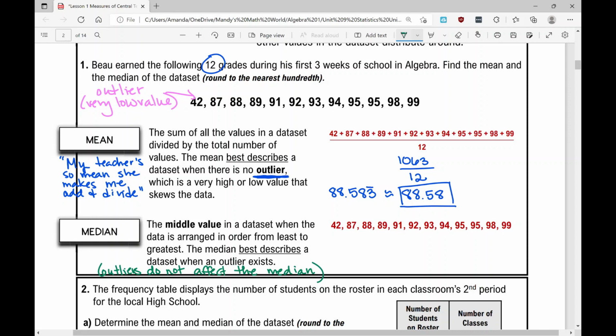If I have 12 grades for Bo, that means the lower half of the data is going to be 1, 2, 3, 4, 5, 6 grades, right? There's 6 grades, and the upper half of the data is going to contain 6 grades. Right? So I'm dividing that data in half.